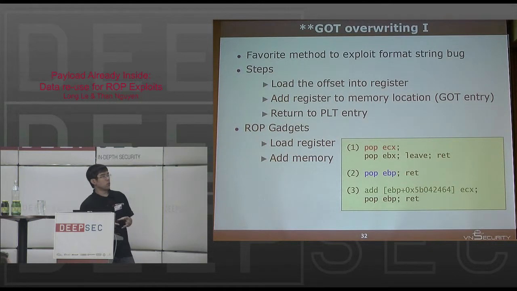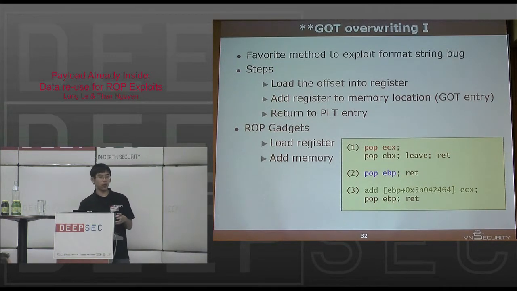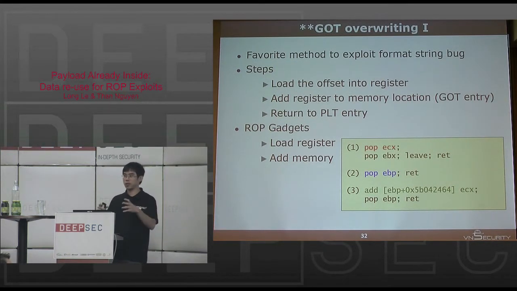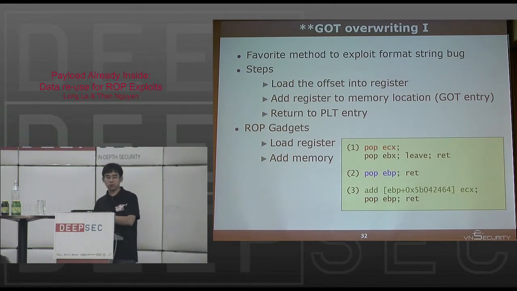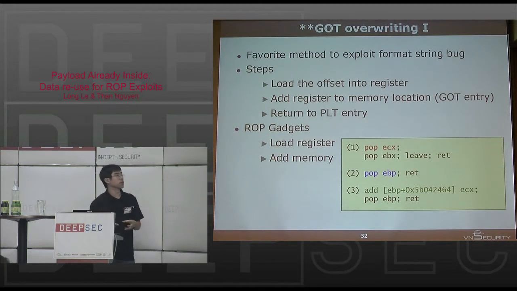Say you want to resolve the address of system in the libc. You calculate the offset between system and printf, load it into the register, then add that value to the GOT entry of printf. Now the GOT entry of printf actually points to system in the libc.